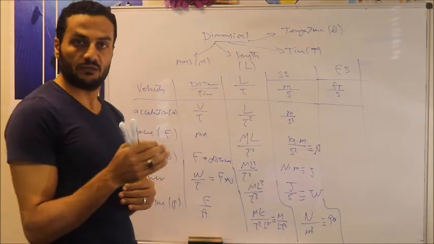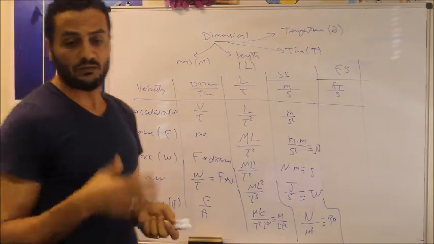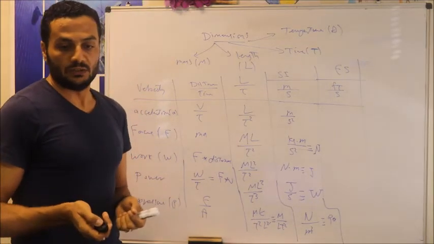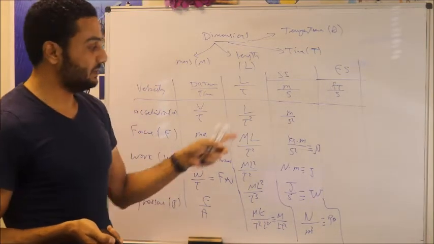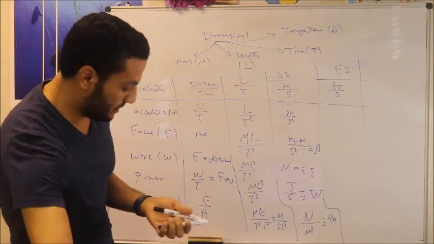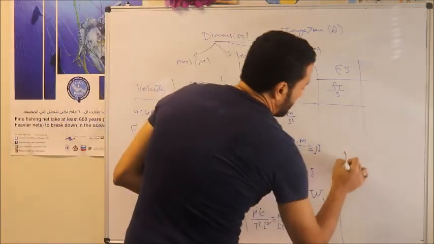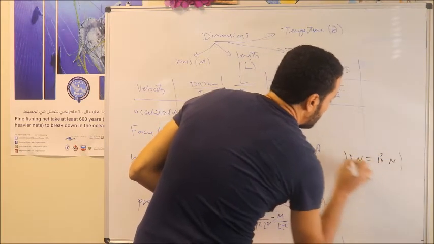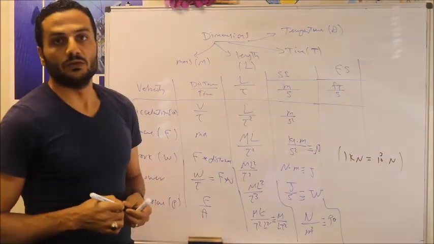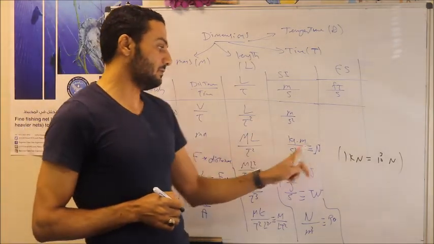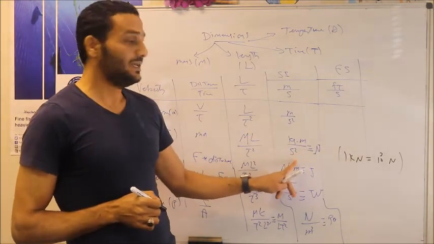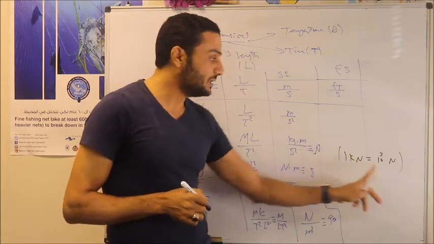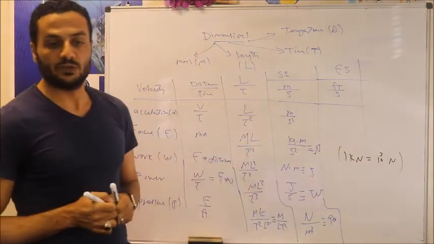But if we have a higher value, then if you look at table 1-2, we can express this value in kilo. Let's say 1 kilo Newton is equal to 10 to the power 3 Newton. So in this case we multiply by 10 to the power 3. If we have a big value of force, then we can express this number in kilonewton, and we have 1 kilonewton is equal to 10 to the power 3 Newton.